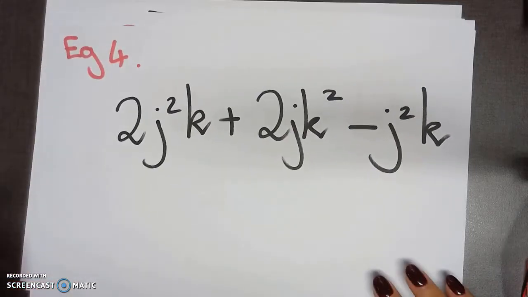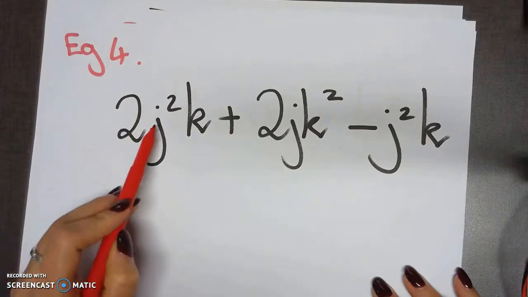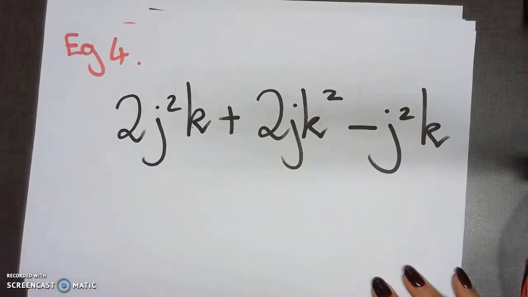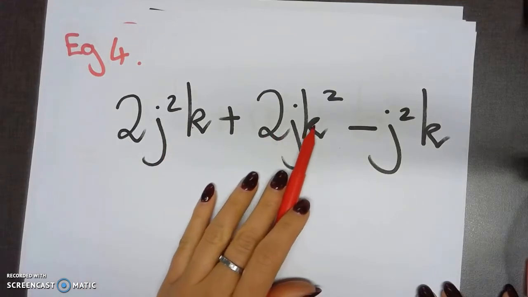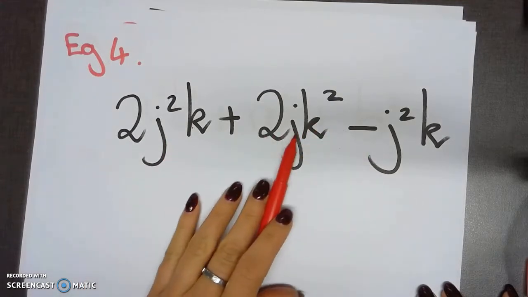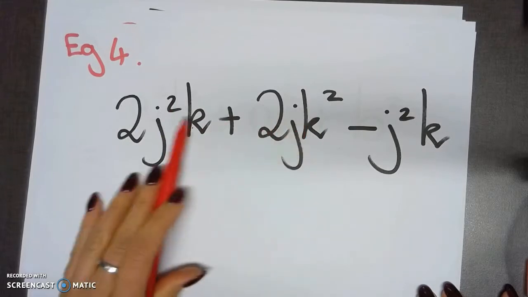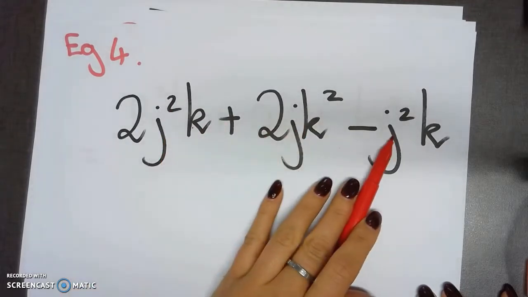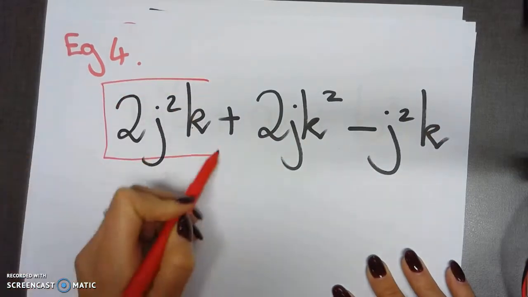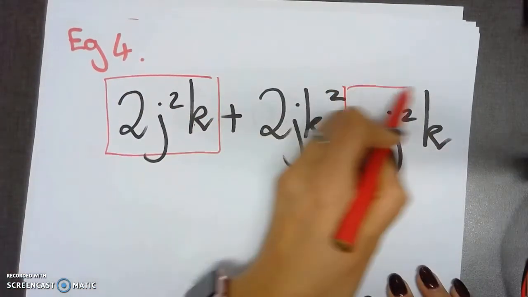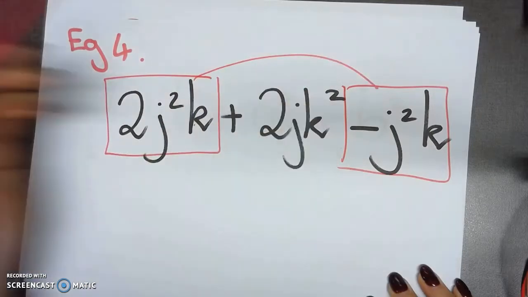Example number four, we've got the j squared k family. I'm looking across: is there any other j squared k? That's jk squared, which is a little bit different. Nope, here we go, j squared k, great. We can box those up and link them together.